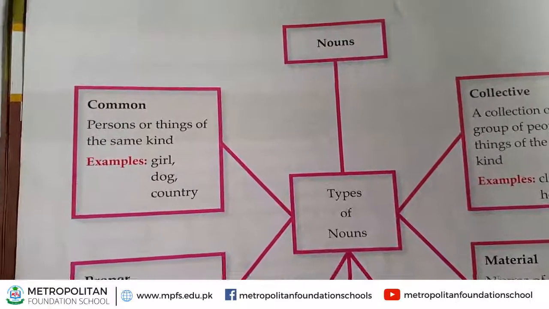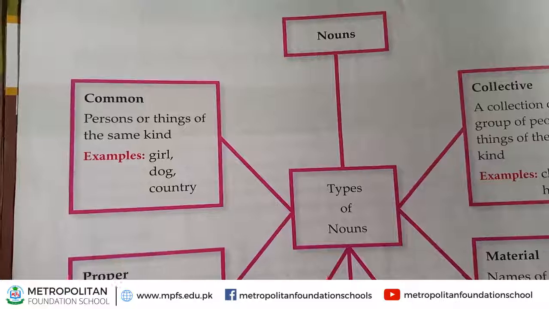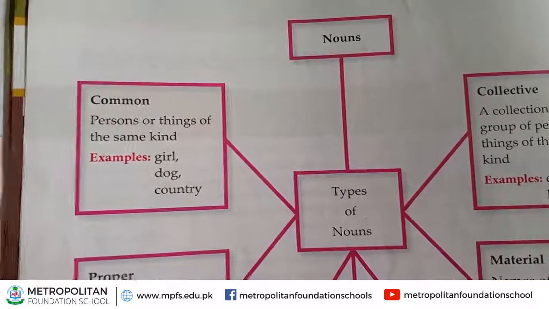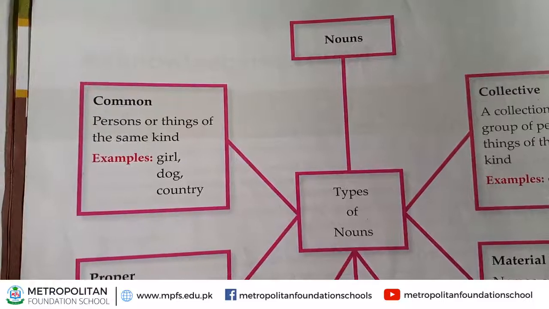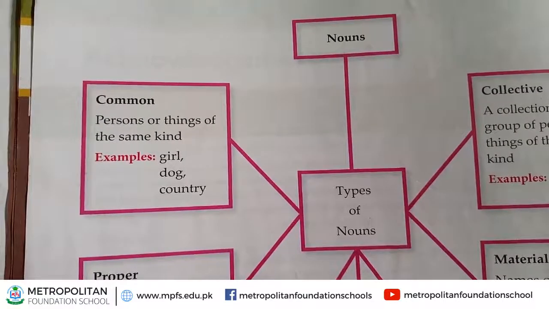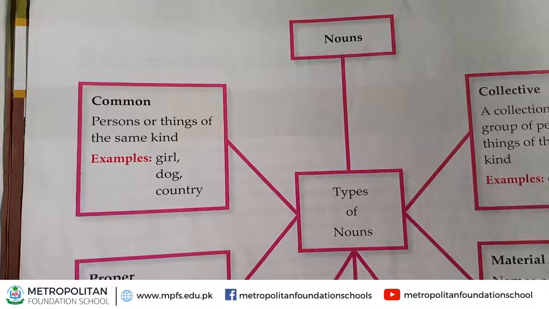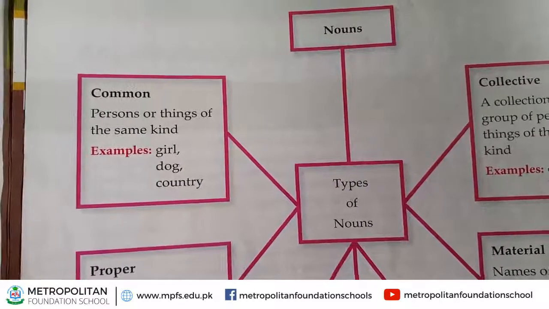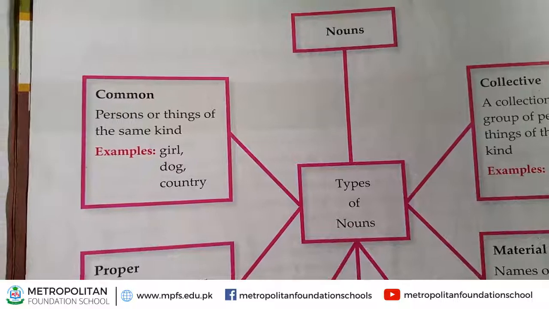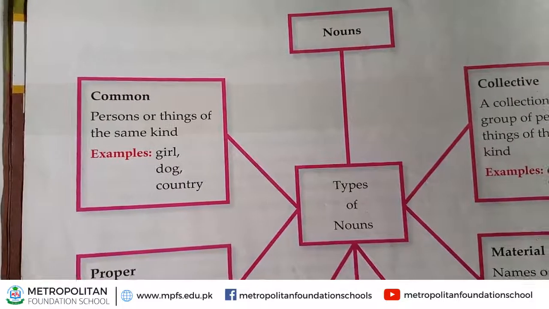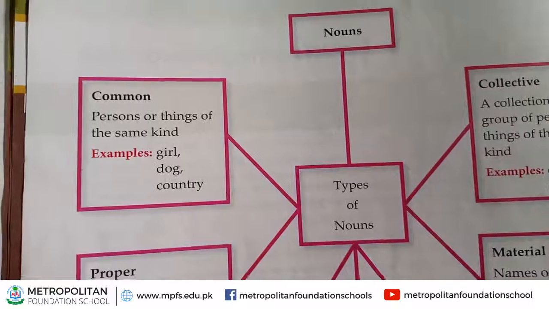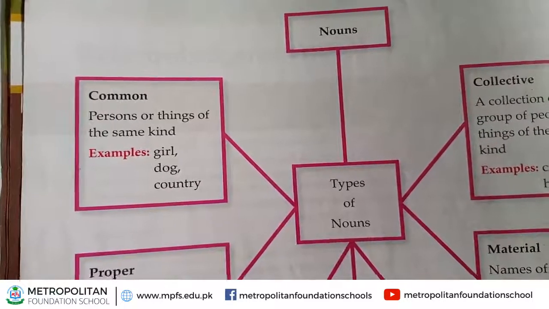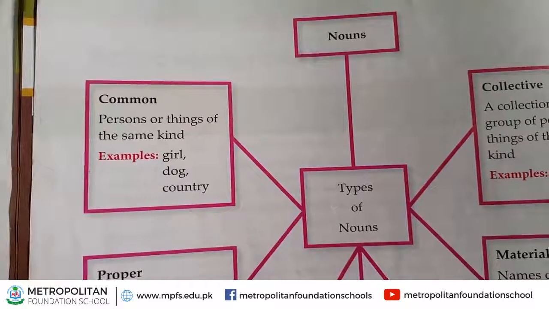These are common nouns because every country and city has girls and dogs. There are different names of countries, but the word country is the same and common.